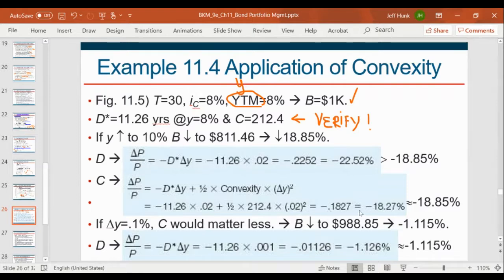Then it comes to 18.27%, which is much closer to the actual drop in the bond price. So convexity is more accurate.